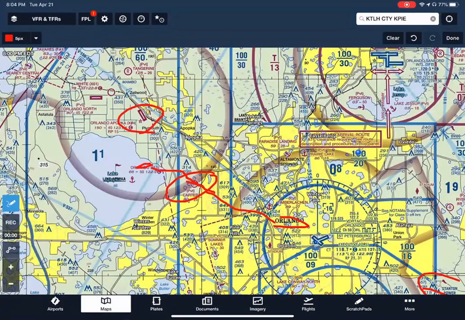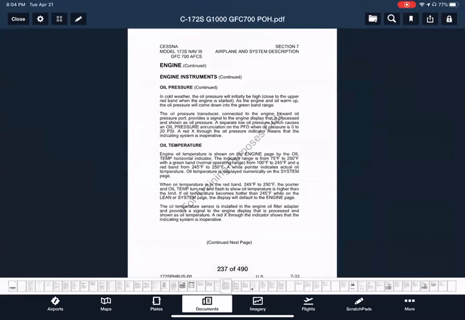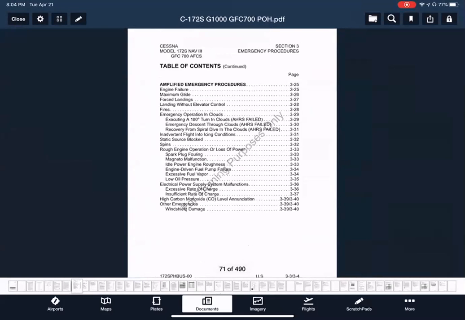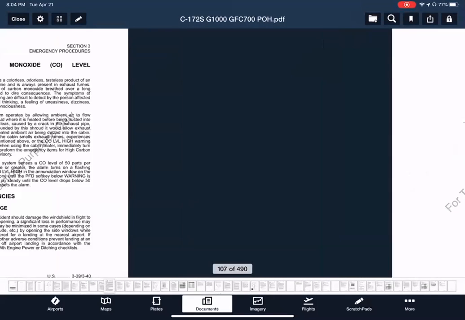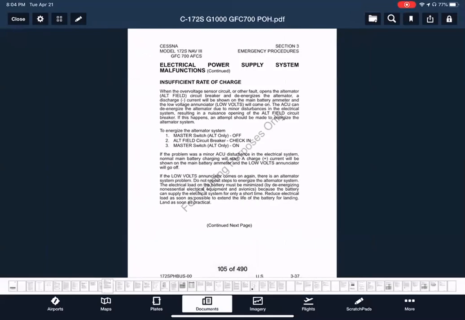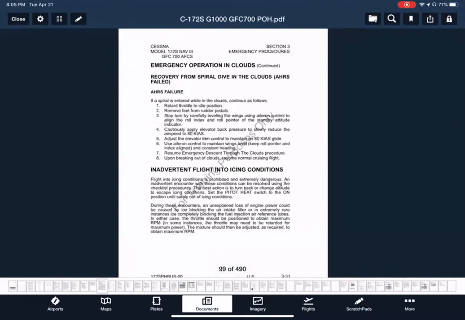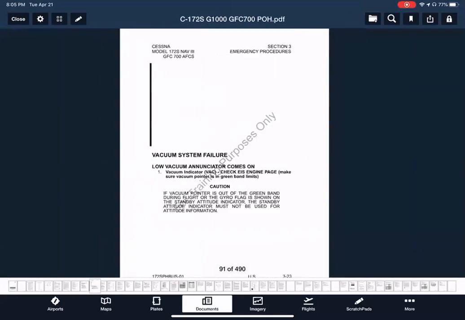Okay, so everybody see my ForeFlight now? Yep. Okay, so 3-35. It's the expanded procedures. There isn't anything with a low oil pressure annunciator in the normal portion or the emergency portion.